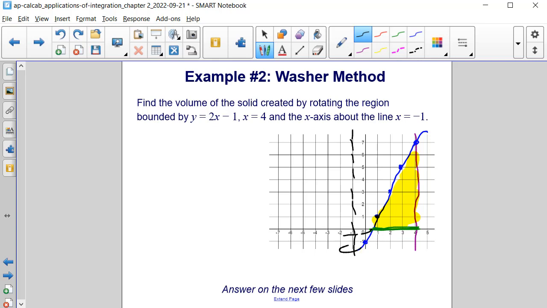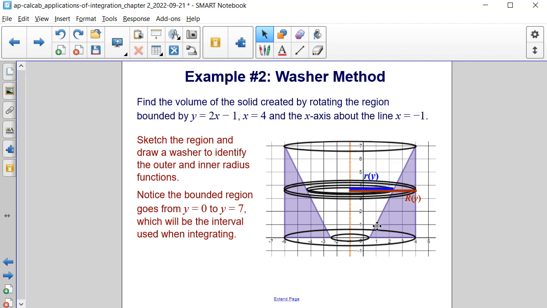So we're going to rotate it about this. Once we sketch the original region that's over here, we can reflect it about this line x equals negative 1 in order to get the other side of it and then connect it with a sequence of rings, or a set of rings.